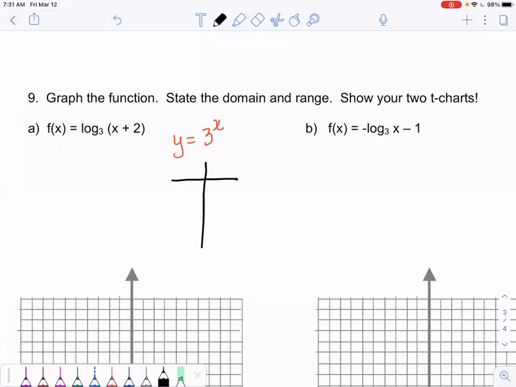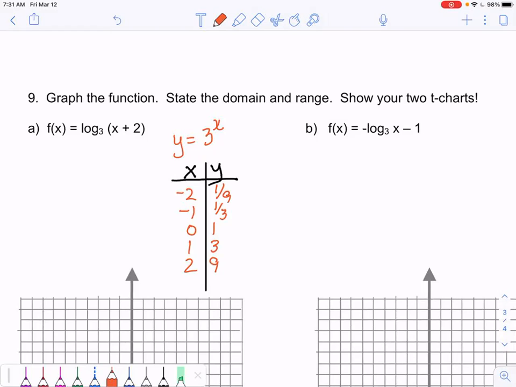So make a little t-chart here. And then we'll pick some x values. So when I plug in negative exponents, we know that makes a fraction. A 0 as an exponent always is the value 1. 1 is the number itself, and then 3 squared becomes 9.